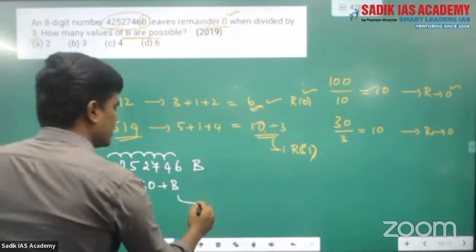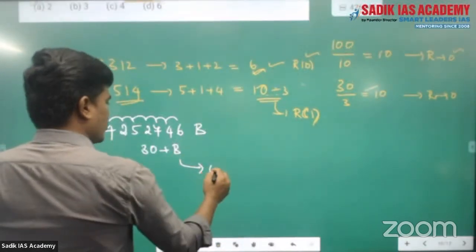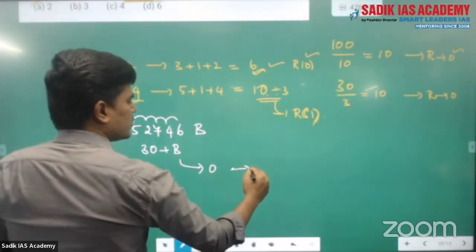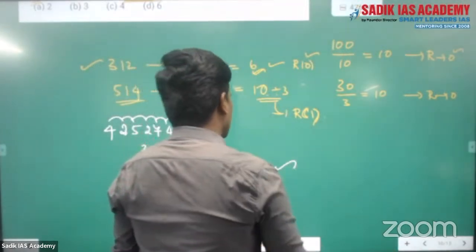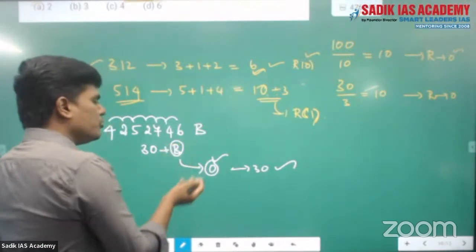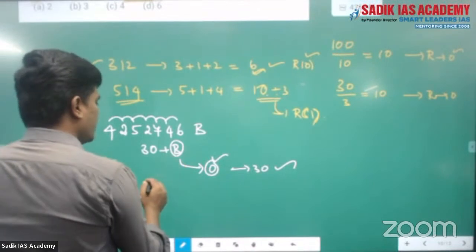Now you just replace. If B is replaced by 0, 30 plus 0 is 30. 30 is divisible by 3. Therefore, 0 is possible. In place of B, we can take 0. Can I take 1 in place of B?